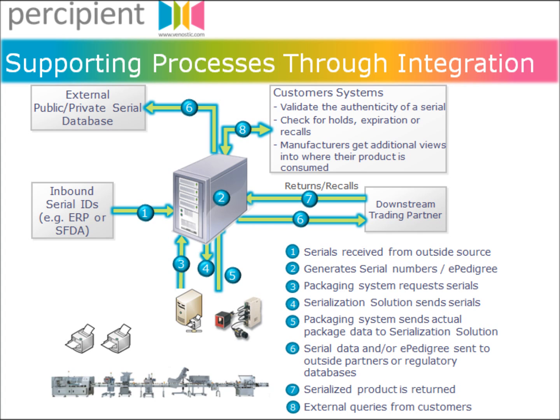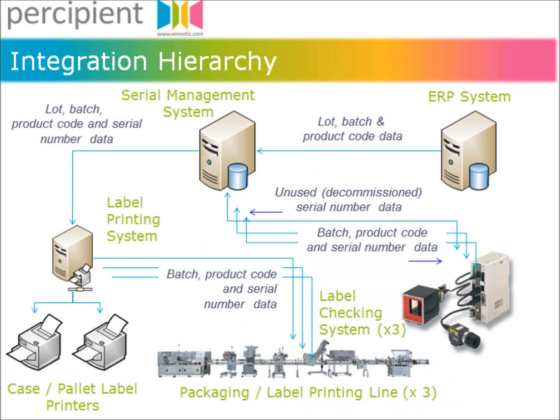which is why, as I said earlier, actually configuring the system in the middle doesn't take too long if you understand the business processes, but then you have to integrate it for efficiency and for it to work automatically. And again, it gets much more complicated where you have multiple packaging lines. You've got 3 packaging lines on a site.